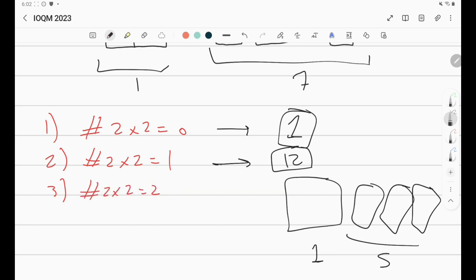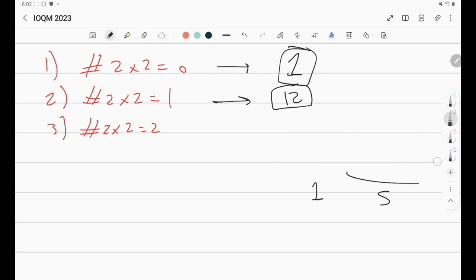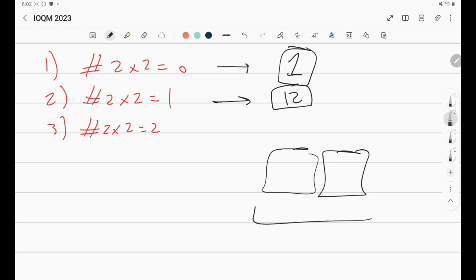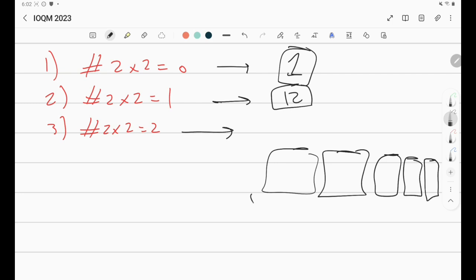What if we have 2? So now if we have 2, then we're going to have something like this. And how many of them? Now we have 2 of this, so it's 4, and we're just going to need 3 of these. Okay, again, how many ways to permute these? It's 5 factorial over 2 factorial times 3 factorial, because these are the same. This is just to know the shape.